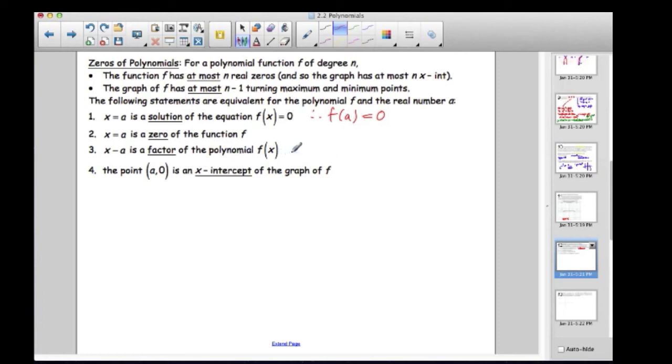If that's a factor, then f of x divided by x minus a has no remainder. And lastly, the point a comma 0 is an x-intercept of the graph. So we'll see all of these terms in action throughout this section.